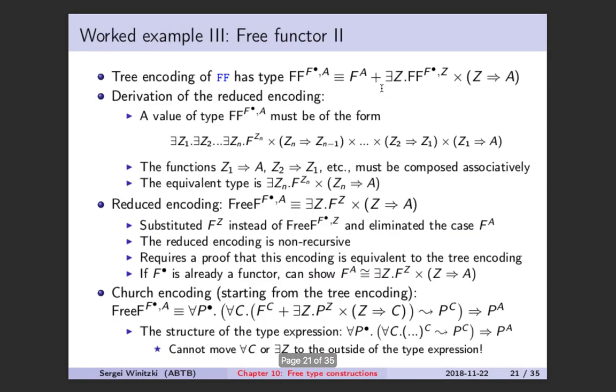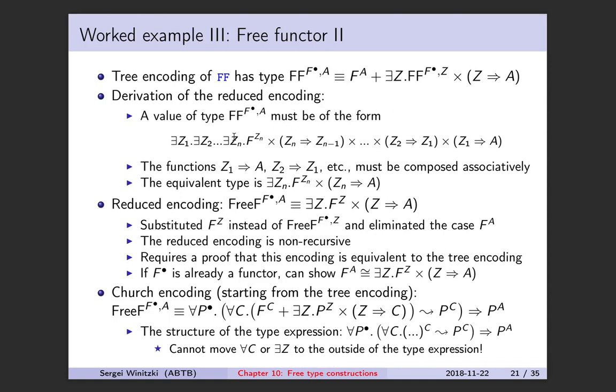So let's consider values of this type. Any value of this type must be, by construction, either a wrapping of this, or it will be a previously constructed value of this type multiplied by a function like this. So essentially we have to start with some wrapping and then we multiply a few times.